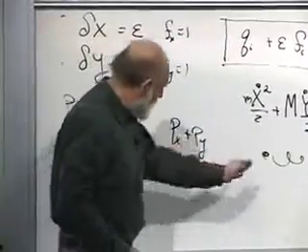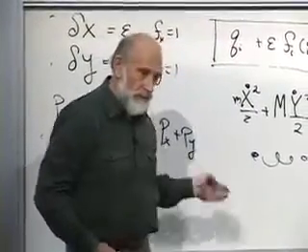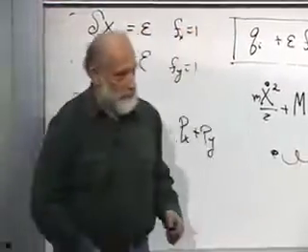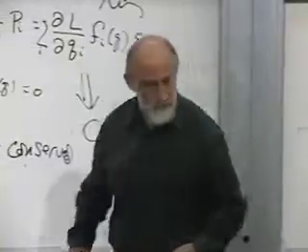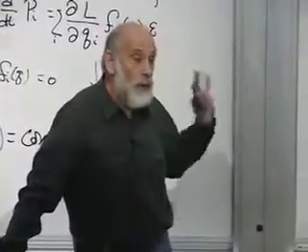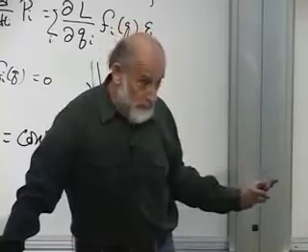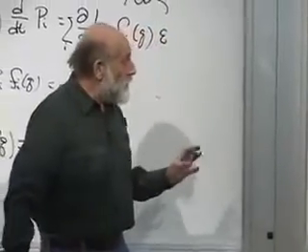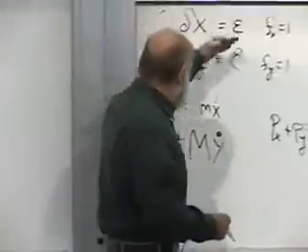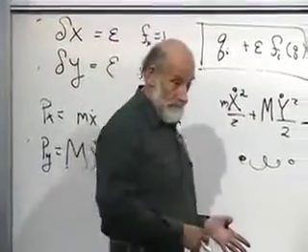The x component of this momentum is not conserved. It's basically the center of mass momentum which is conserved. If there was no spring, the two would be independently conserved. Because of the spring, only one combination is conserved, and you find that combination by finding the symmetry.